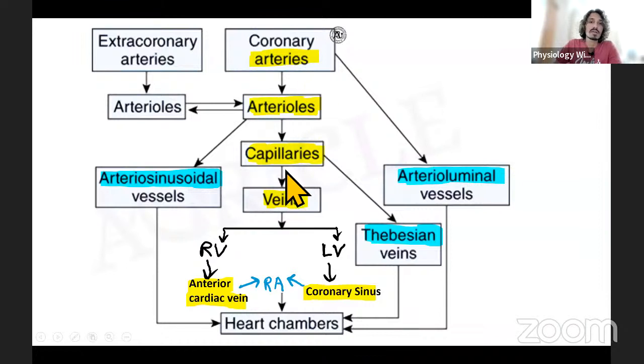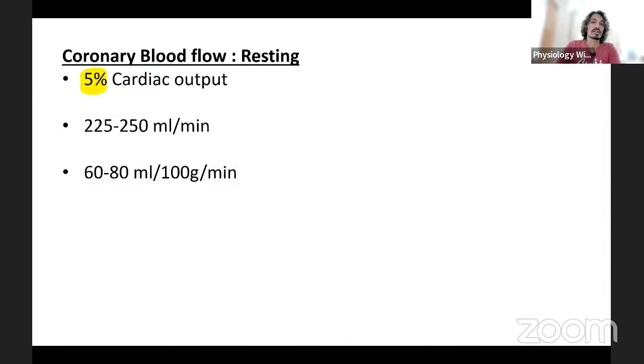And then we have ones from the capillary level which go into the heart chamber, which are called Thebesian veins. So we have arteriosinusoidal vessels, arterioluminal vessels, as well as the Thebesian veins. So we have two separate channel systems involved in your coronary circulation.